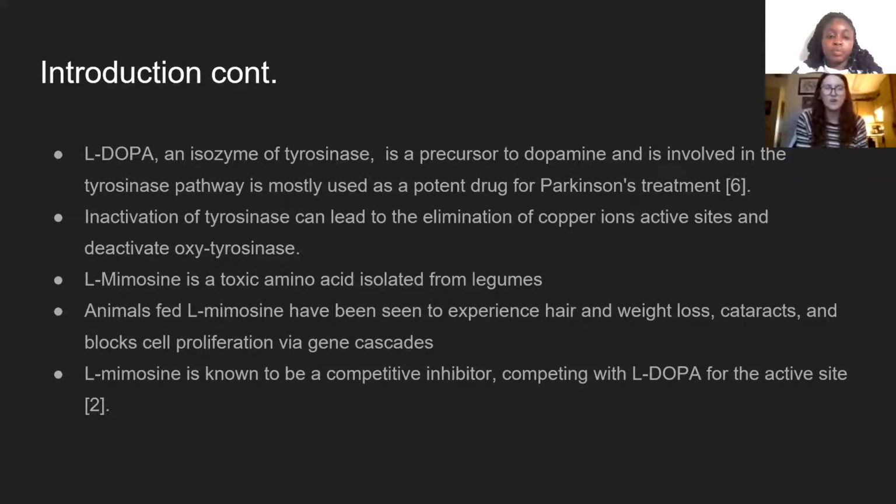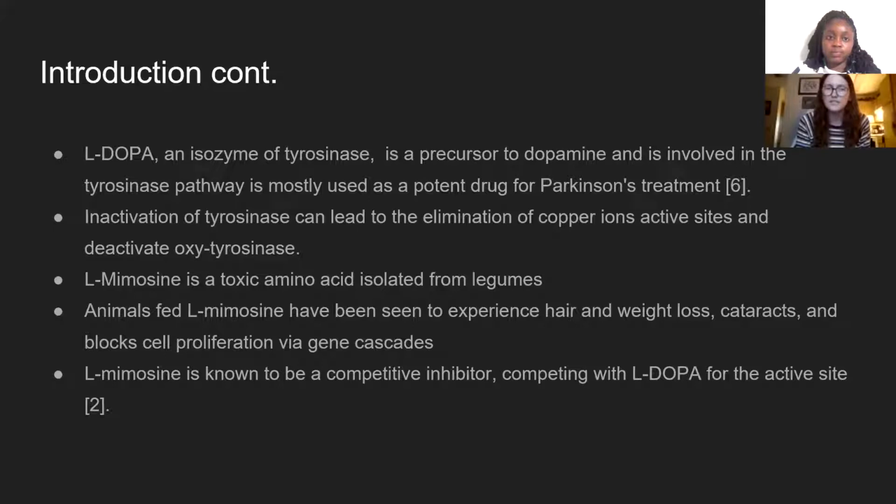It's also found to block cell proliferation via gene cascades. With that blocking of cell proliferation, researchers have been looking into whether it would be helpful in cancer treatments, specifically for prostate cancer.